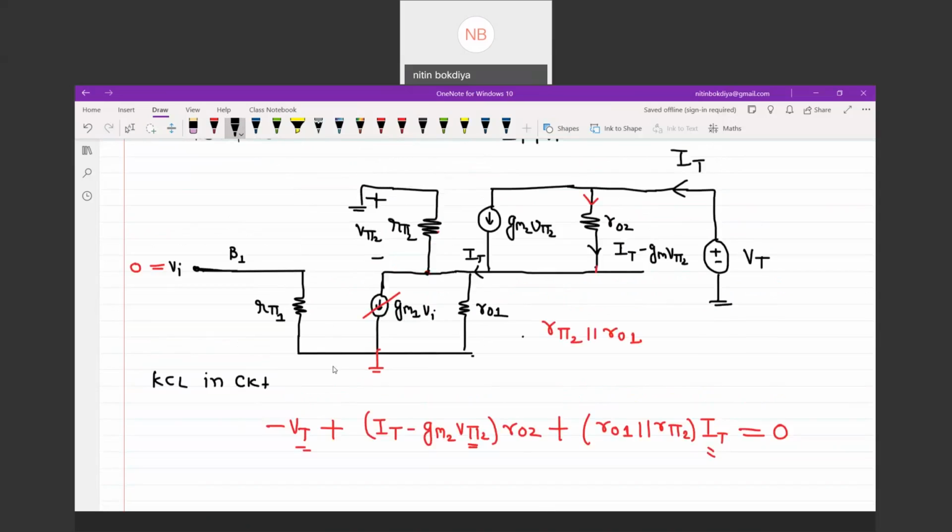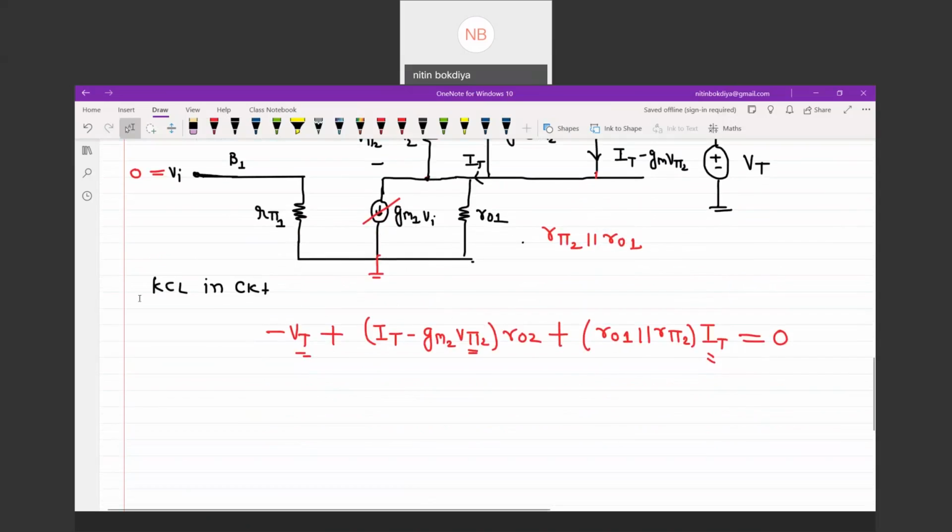So minus V pi 2 is nothing but IT times R01 in parallel with R pi 2.